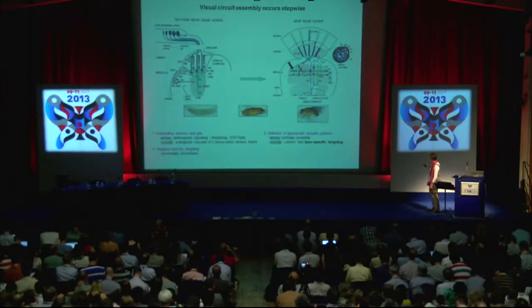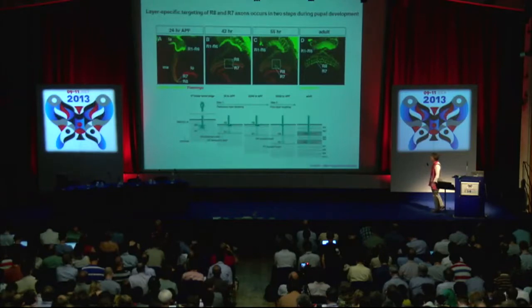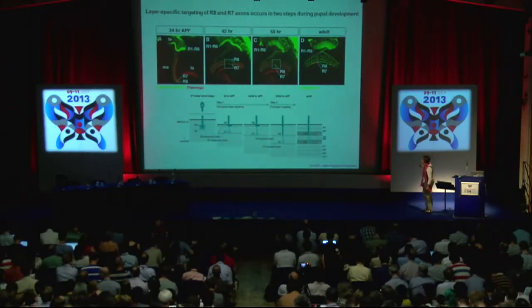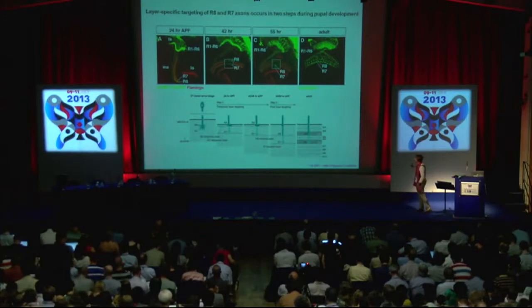So what we need to do for studying a circuit is just zoom into one neuron. I just want to focus here on this R8 neuron and ask, how does it get to this M3 layer? Again, we need to look closer into development. Here you see some live-imaging images during pupal development. In green, you see the photoreceptors. And here you would have the lamina, which forms the cartridges.